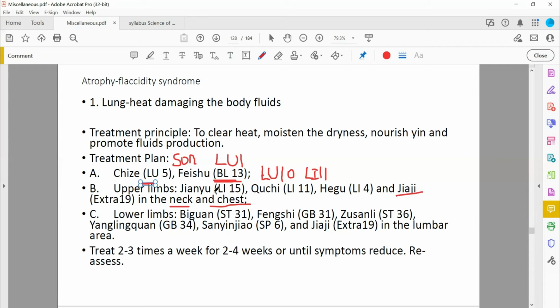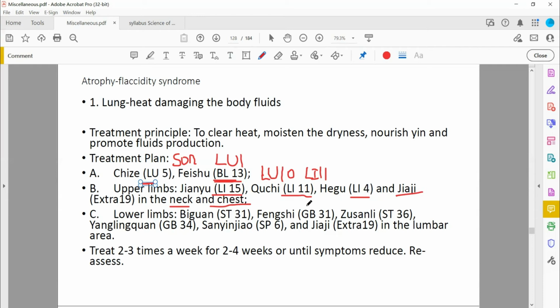This one is on the hand, this one is on the cubital crease, and 肩髃 is on the shoulder. So those are the local points along the arms.